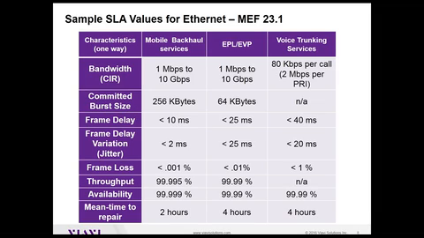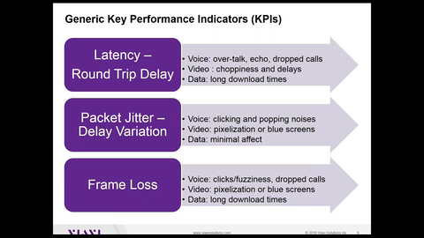So you can see the bandwidth, examples from 1 meg to 10 gig, committed burst sizes ranging from 64 to 256 kilobytes, frame delay of less than 10 milliseconds or less than 25 milliseconds, frame delay variation, frame loss, throughput availability, and mean time to repair. So again, this is just some example of service level agreements that have been defined by MEF in 23.1.